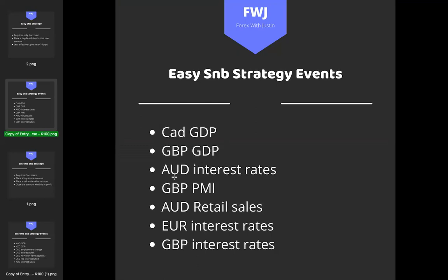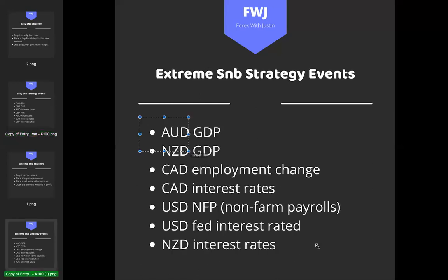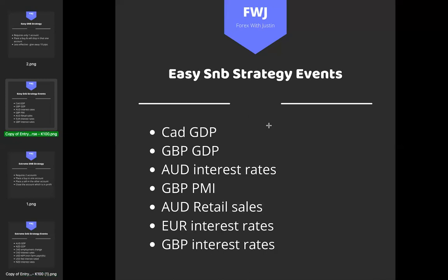Then the next week after that, all the events are going to happen in 1 week and so on. But in total, there are 7 for this strategy. Then for the other strategy, there are also 7. So 7 plus 7, that's 14 times you'll be trading per month. 14, okay. Exactly, yes. So in short, 14 events in a month. Yes, that's the number of times you're going to be trading.